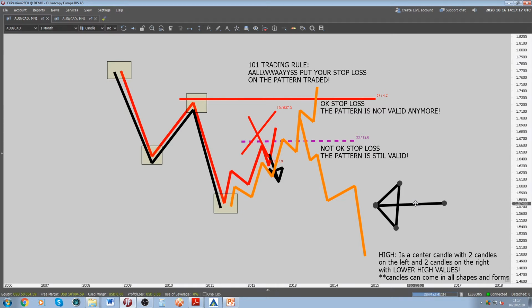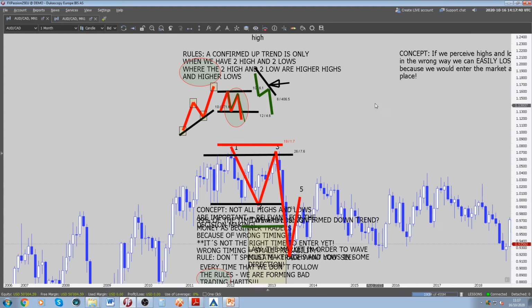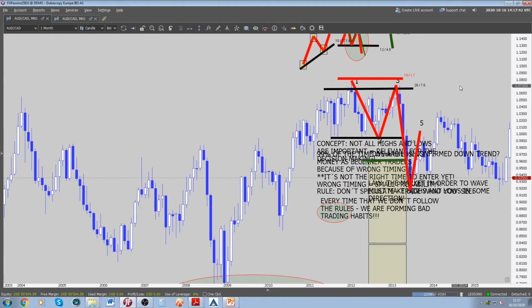And we are going to learn this. Don't confuse risk with the stop loss. So, those are the rules. Put the stop loss on the pattern traded. Always. Now, going back to the original trade here.